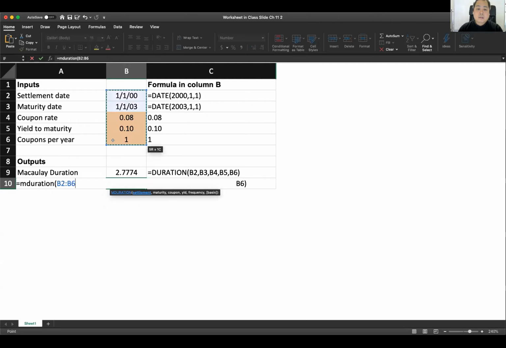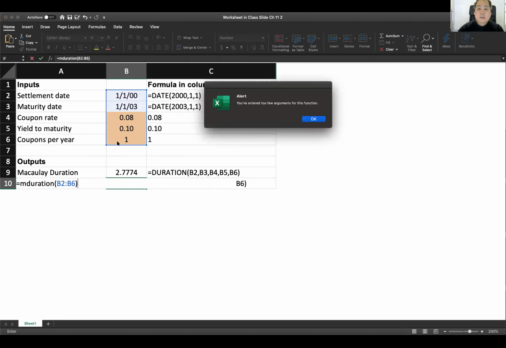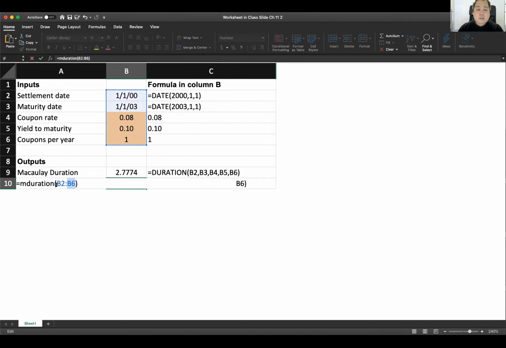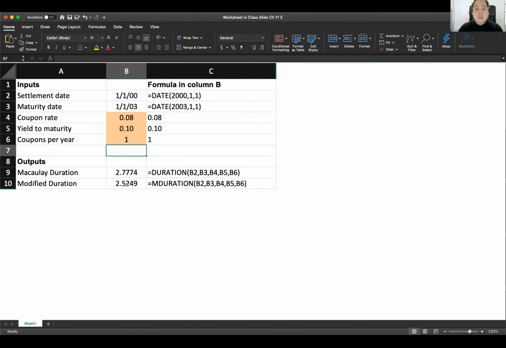Same thing. I'm sorry, it should be the same. This is 2.5249. This should be the same as the Macaulay duration divided by 1 plus interest rate, right?